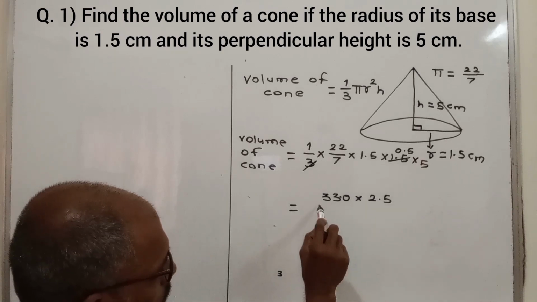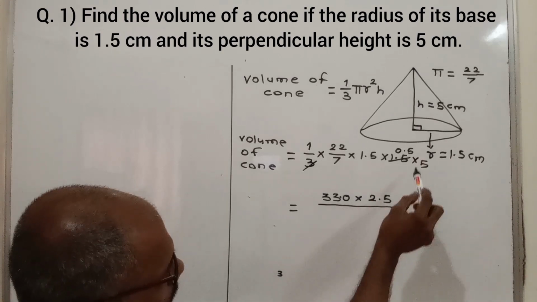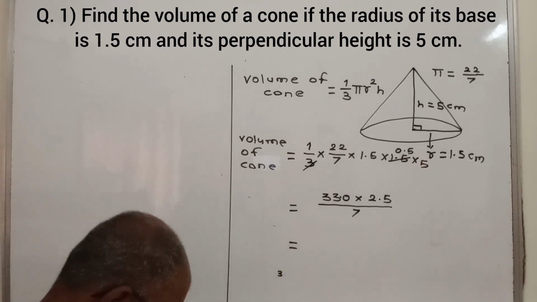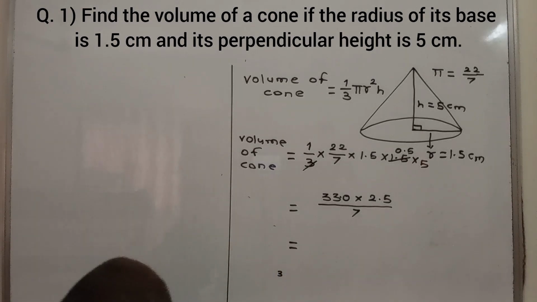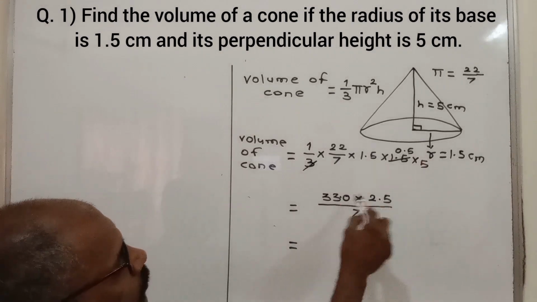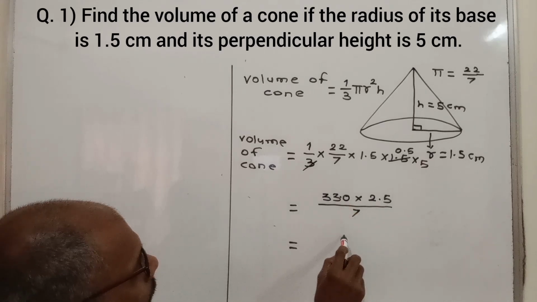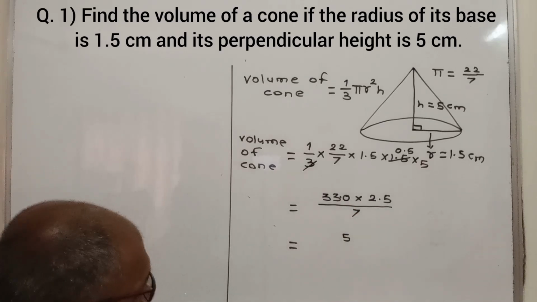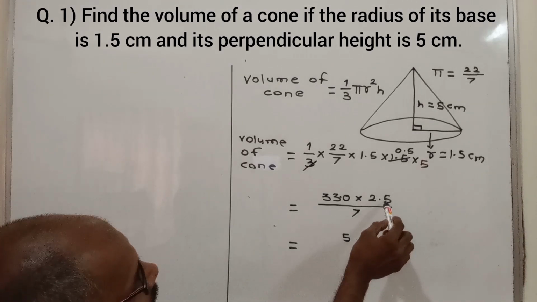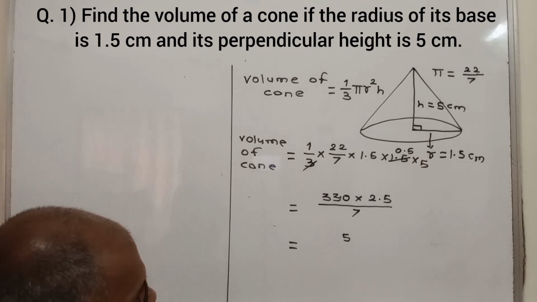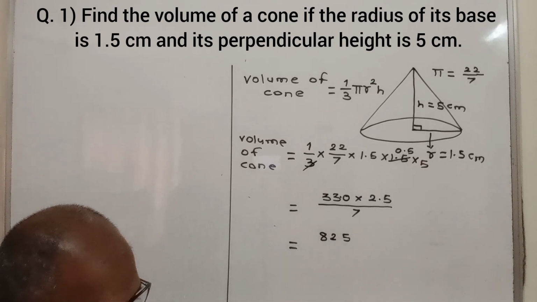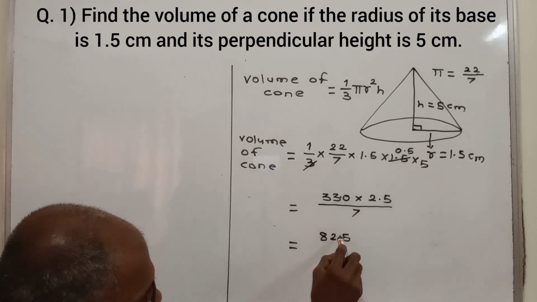So we write here 2.5 upon 7. Okay, therefore, see this carefully. Now here we write the product of these two. 25 3s are 75, then 75, 25 3s are 75 and 7, 82. How many decimal places? 1, upon 7.